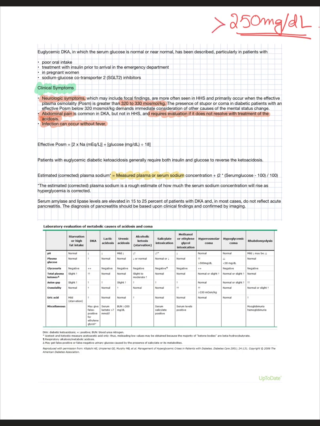However, sometimes the patient may present with euglycemic diabetic ketoacidosis, meaning that they have normal glucose values, and there are certain cases in which it can occur. First of all, they have a poor oral intake, maybe because of nausea, vomiting.